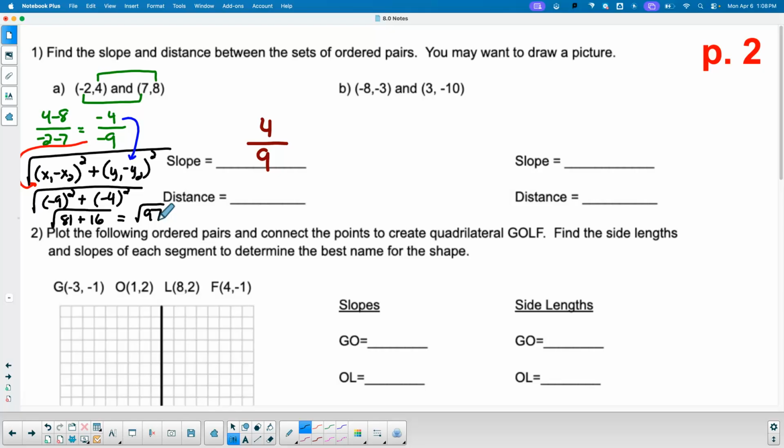So 15 is divisible by 3, right? 1 plus 5 is 6, 6 divided by 3 is 2. So 15 is divisible by 3. 97, 9 plus 7 is 16. Is 16 divisible by 3? No. So 97 is not divisible by 3. What about 4?